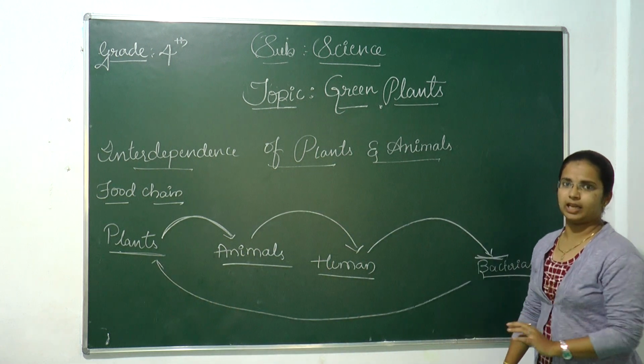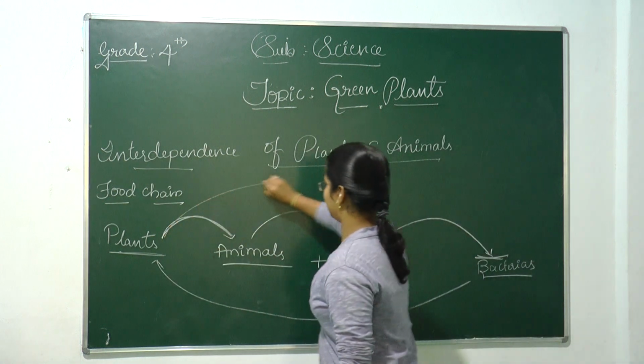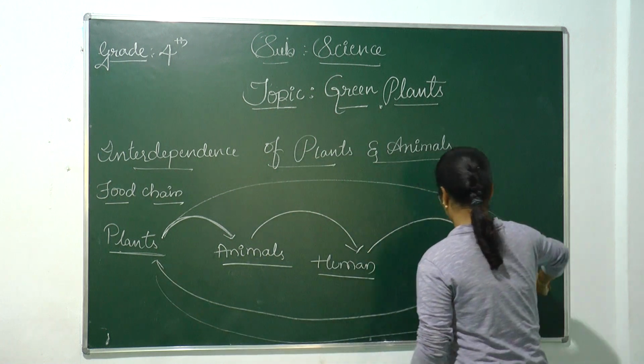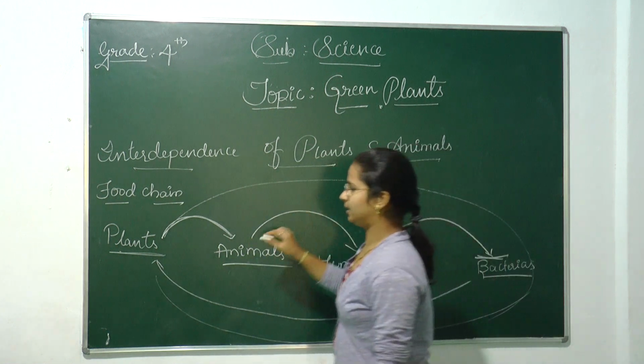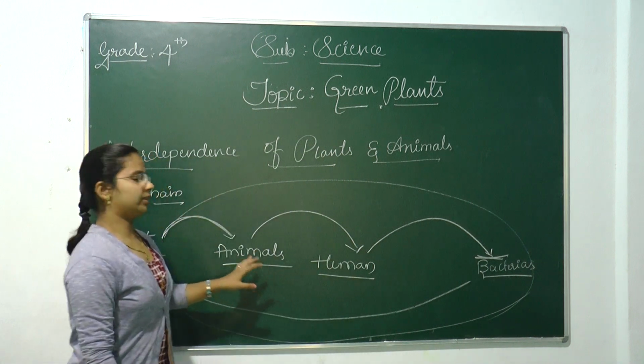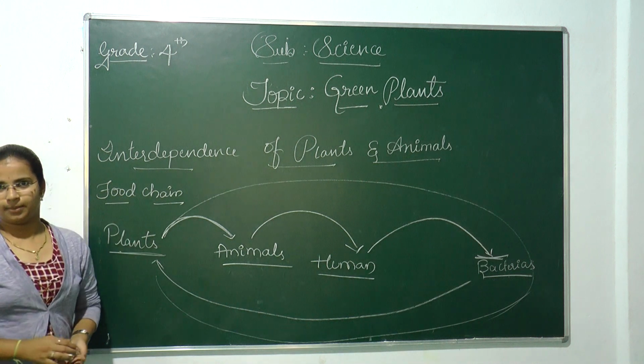We call this process interdependence, and the chain which is related to one another for the sake of food, we call the food chain.